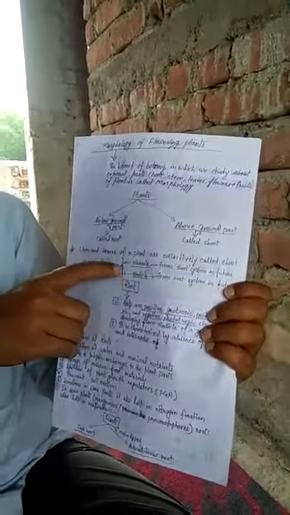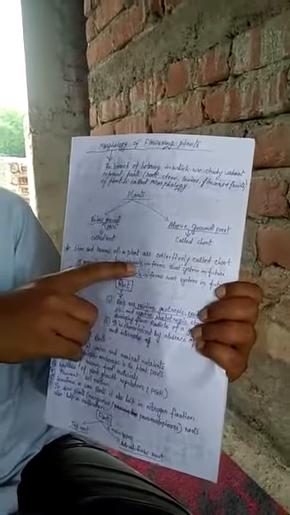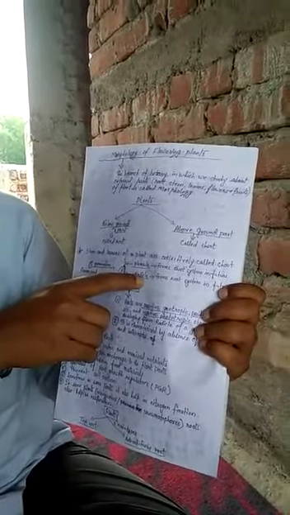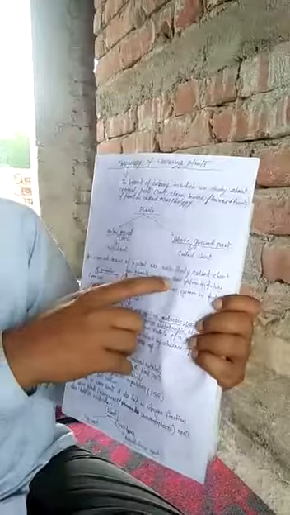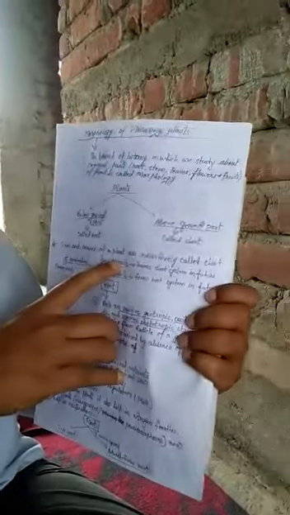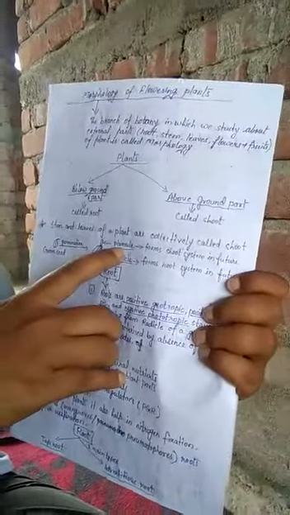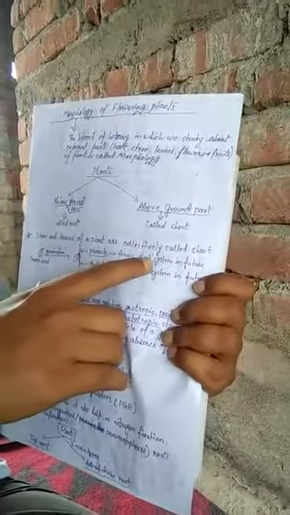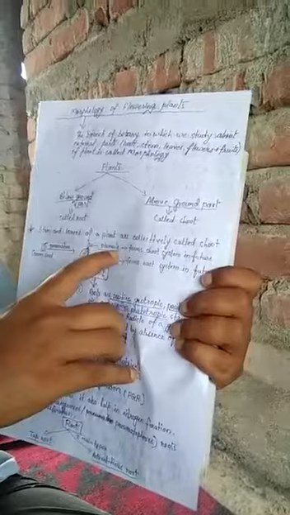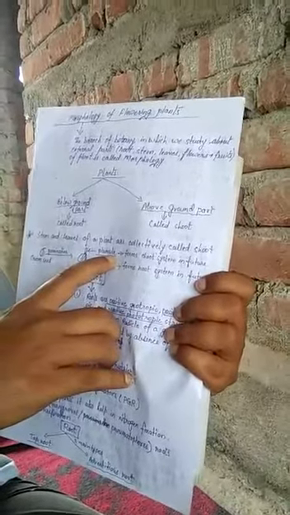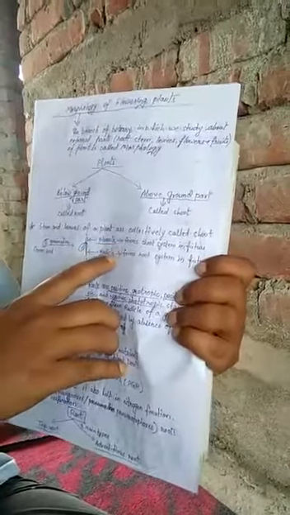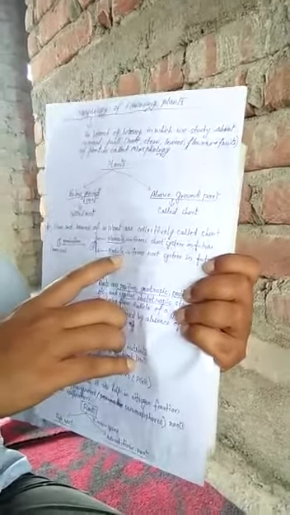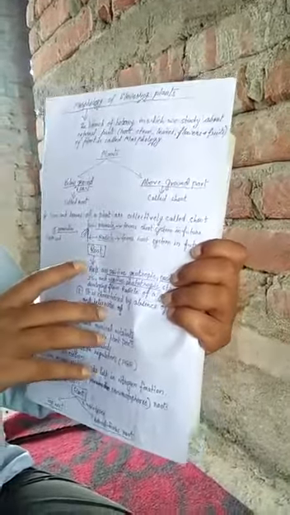The structure that moves in the upward direction is called plumule, and the structure that moves in the downward direction is called radicle. This plumule forms the shoot system in future, that's why it is also known as future shoot. Radicle forms the root system in future, and that's why it is also called future root.